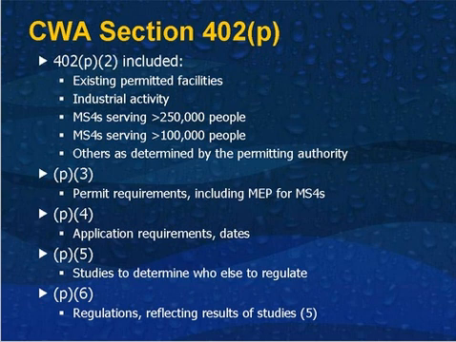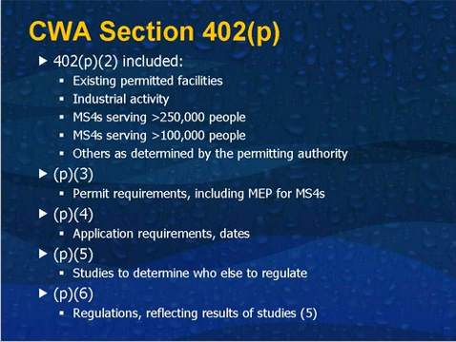Then the (p)(3) section defined the standard for these discharges. What do they have to meet? For industrial facilities, it was BAT, and for municipal facilities, it was the standard called MEP, which we'll cover a little bit further in the webcast. Then it explained when we needed to get information, applications and permitting.